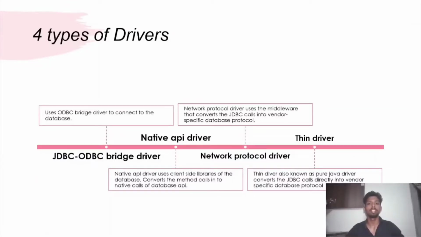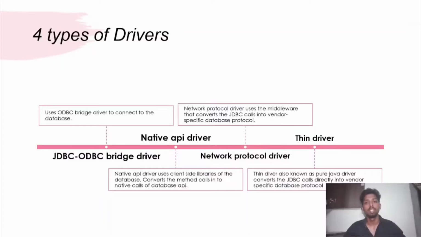Coming to the type 3 driver, it is a network protocol driver. It uses a type 2 native API driver. The network protocol driver uses a middleware which connects many systems to an admin system. Suppose you have 15 systems to install software on, and installation on each system takes 5 minutes. If we go through serial processing, it takes a large amount of time.